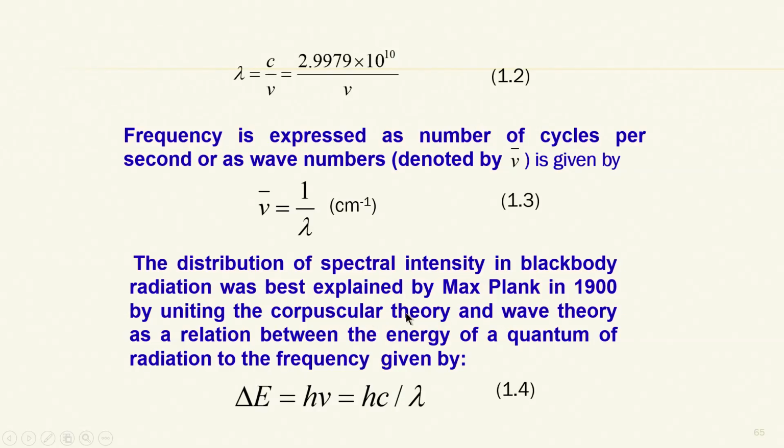So, that is the corpuscular theory, and just because it moves as a waveform, it is also called the wave theory. So, it was considered that the relation between the energy of a quantum of radiation and the frequency is given by delta E equal to h mu or h c by lambda. That means the energy of the radiation can be determined if I know the wavelength only.